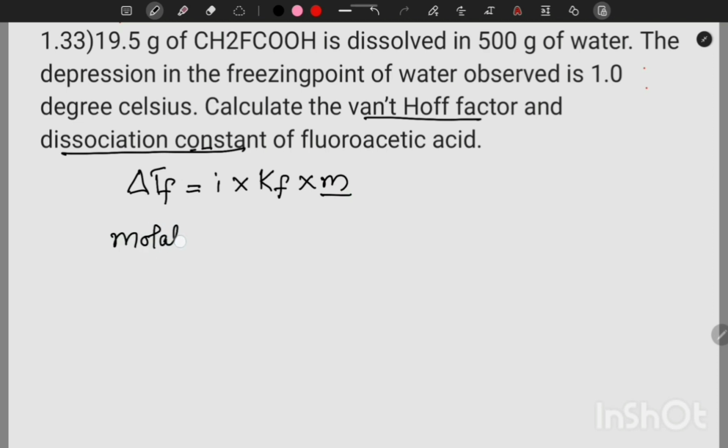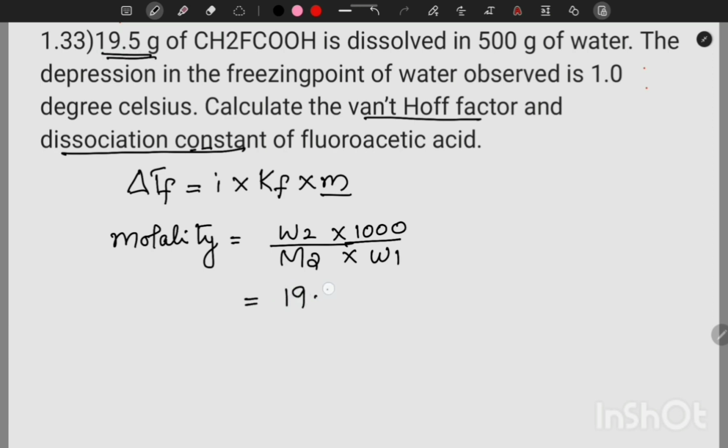Molality is equal to number of moles of the solute, that is mass of the solute by molar mass of the solute, divided by mass of the solvent in kilogram. So into 1000 by W1. Here mass of solute is given as 19.5 gram.